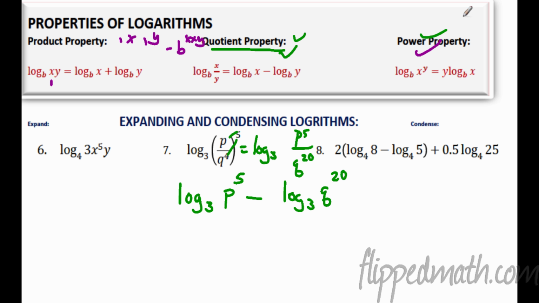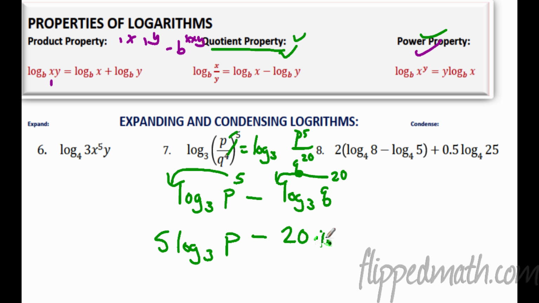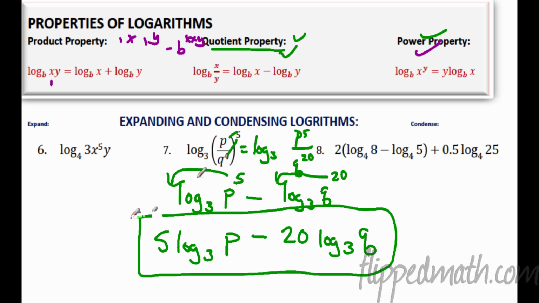Almost done. Now we're going to use the power property. We're going to bring that exponent down front for both of them. Final answer for this one. We get 5 times the log base 3 of p minus 20 times the log base 3 of q. And that is expanded for number 7.